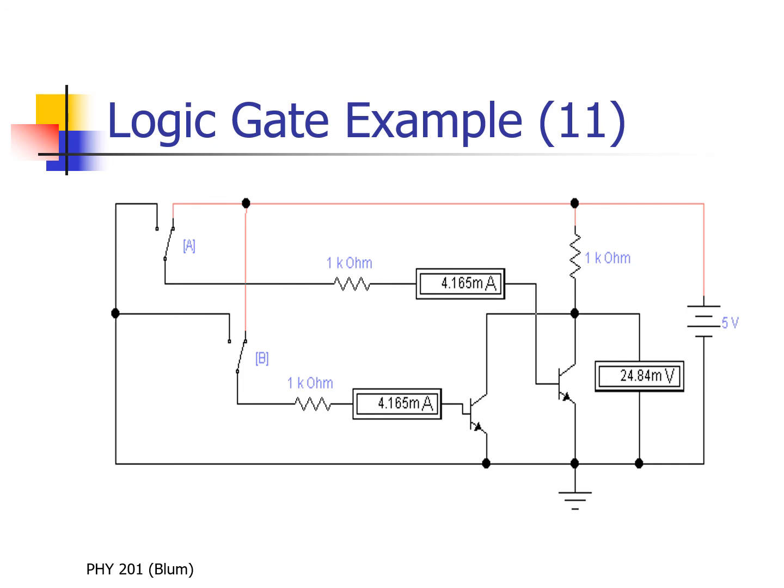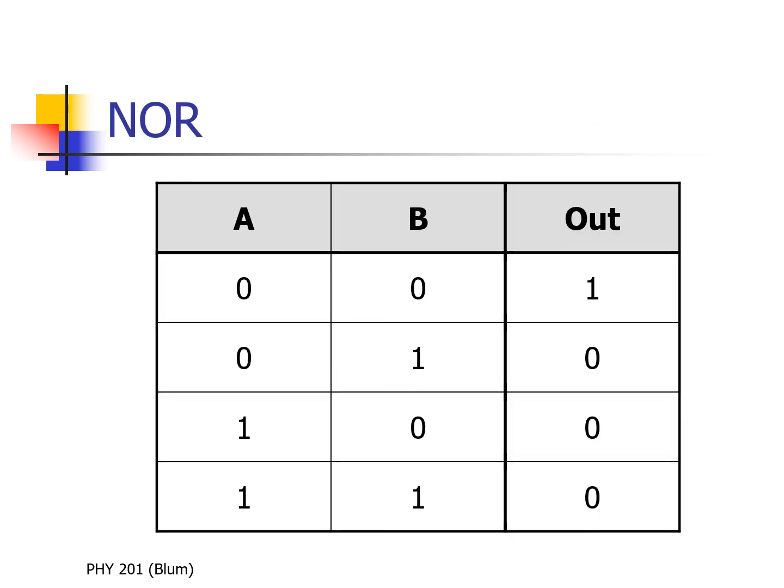And so we put in A high and B high, and our overall output for the circuit is a low voltage. So let's recap our results.